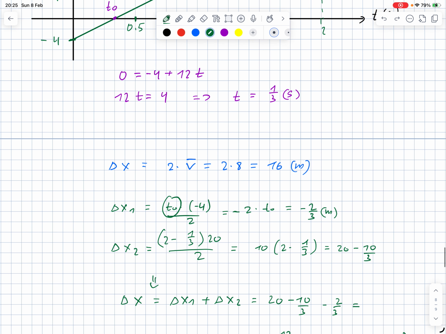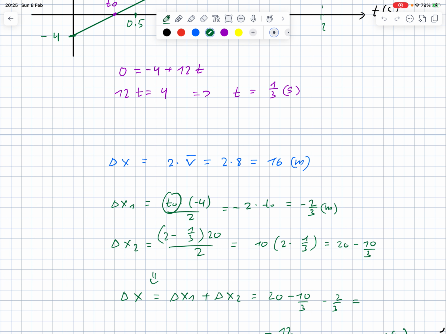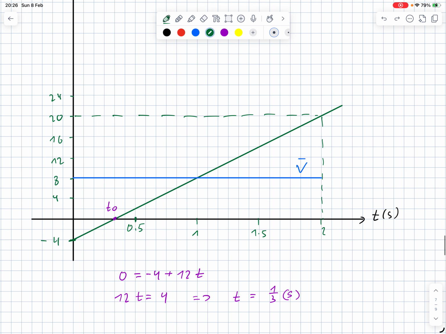Okay, so the first area equals -2 divided by 3. Second area is between t0 to 2, which means this area. So the base is 2 minus 1 divided by 3, and the height is 20.